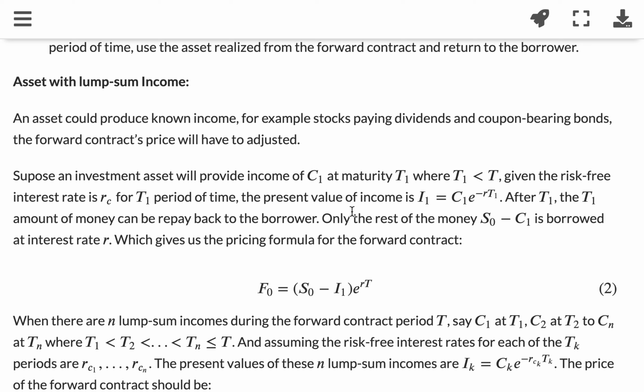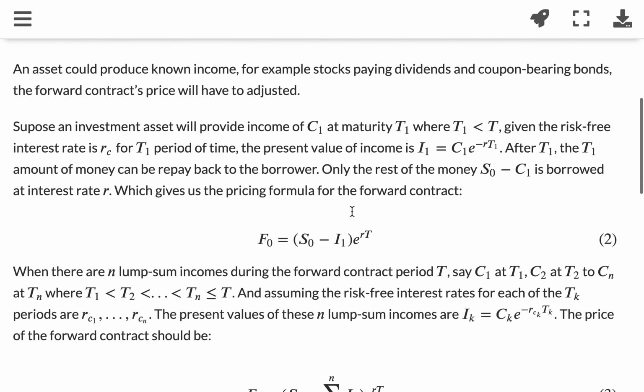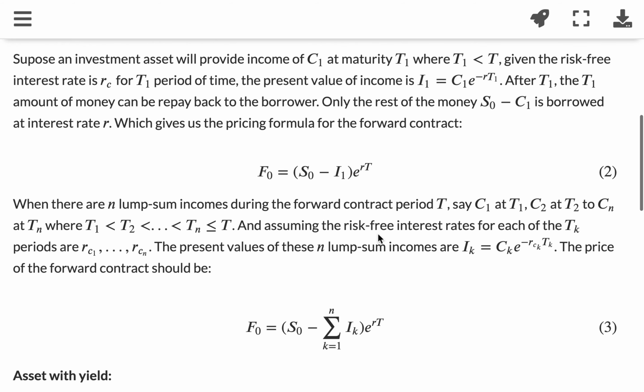So after T1, that amount of money can be repaid to the lender. Only the rest of the money, S0 minus I1, is borrowed at interest rate R, which gives us the formula for the forward contract price: S0 minus I1 times e to the power RT.